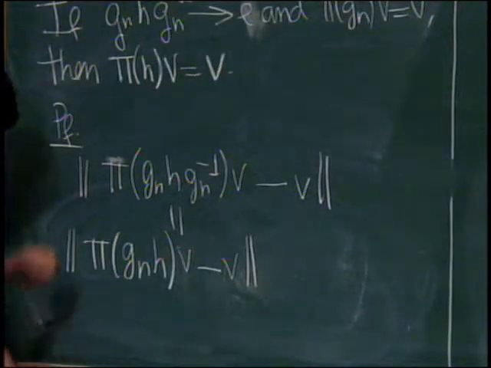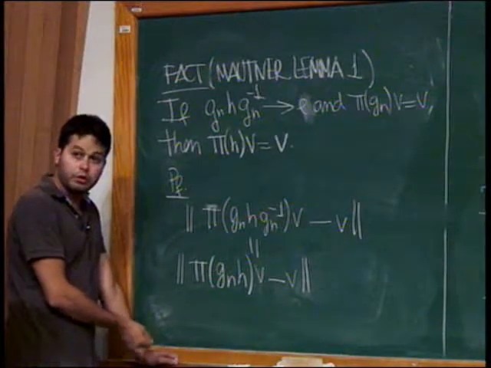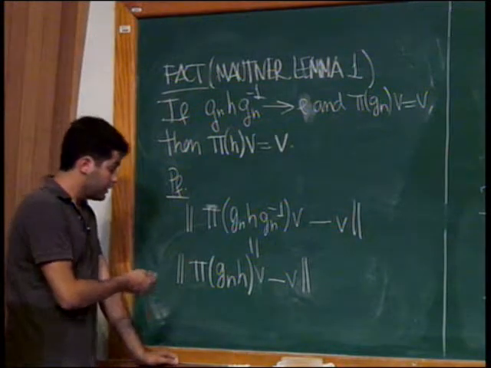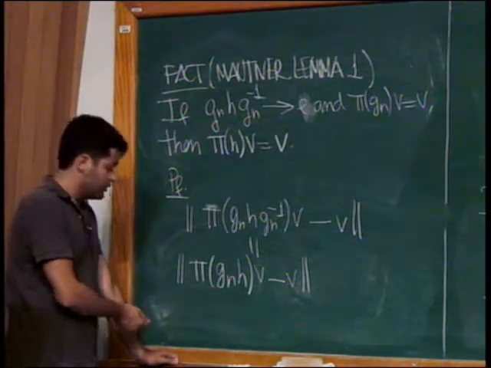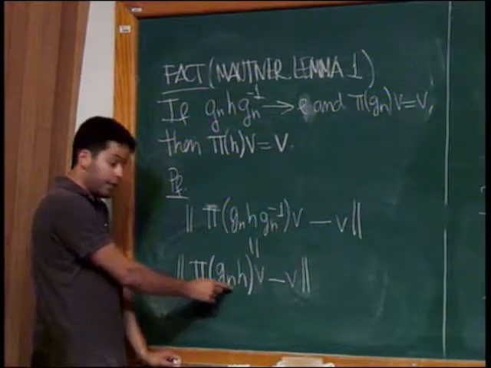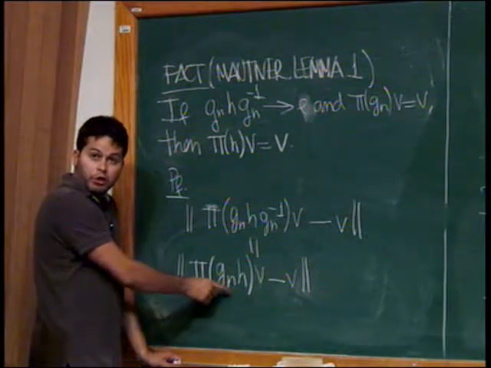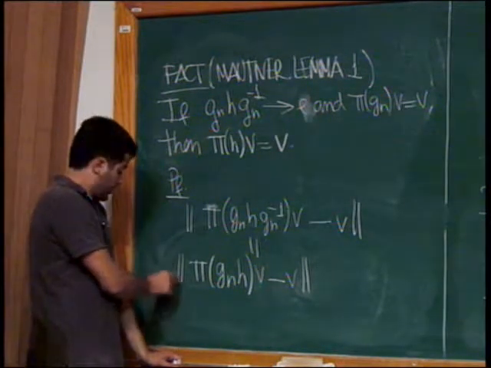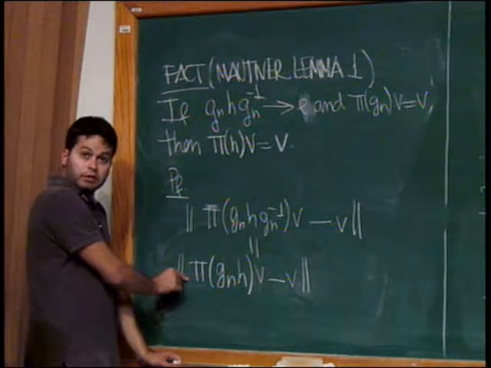We used strong continuity here, but we also have to use that the representation is unitary. So we could apply pi of G_n to the minus 1 here, and because pi of G_n to the minus 1 is unitary, it preserves the norm of vectors.